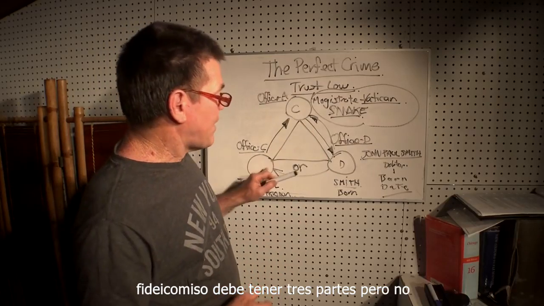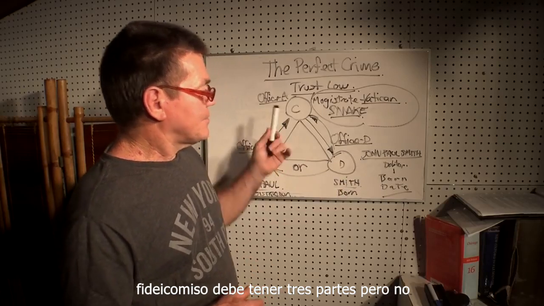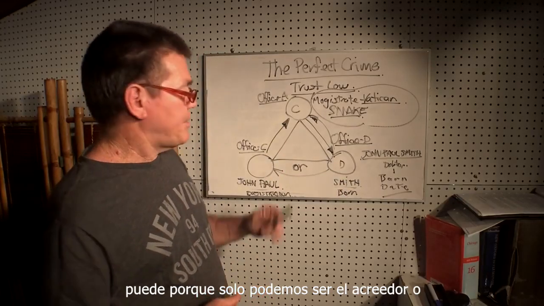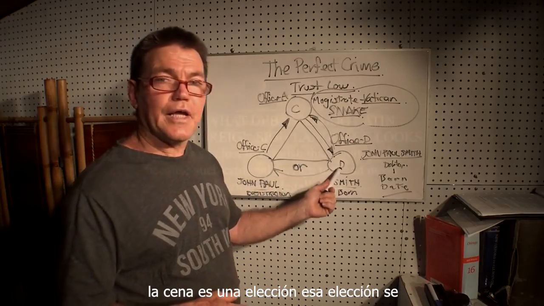It must have three parties, but it can't, because we can only be the creditor or the debtor.